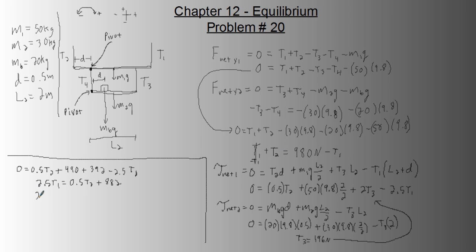So 2.5 T1 equals 0.5 times 980 minus T1 plus 882. Do some algebra, and you should get T1 equals 457.333 newtons. And that's the answer. Pretty cool, huh? Alright, so that's one down, two more to go.